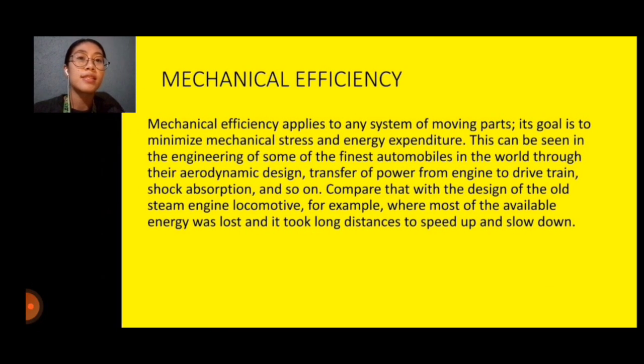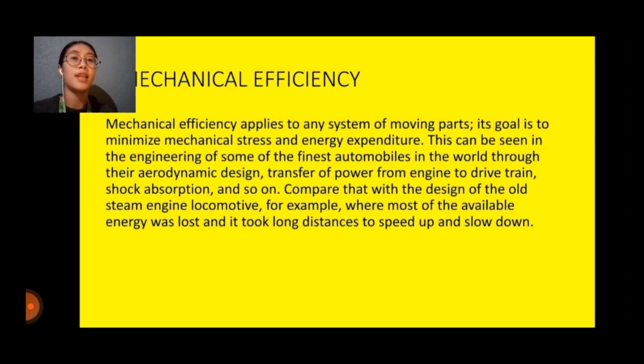Next one is mechanical efficiency. So, do you have any idea what mechanical efficiency is? Mechanical efficiency applies to any system of moving parts. The goal is to minimize mechanical stress and energy expenditure.